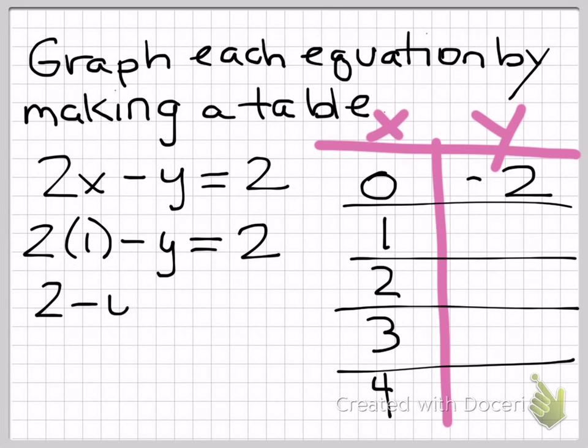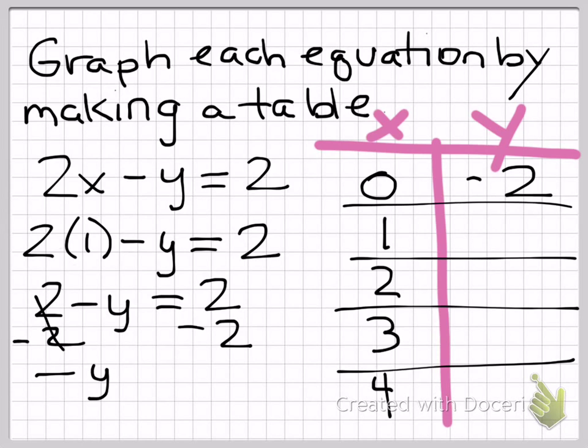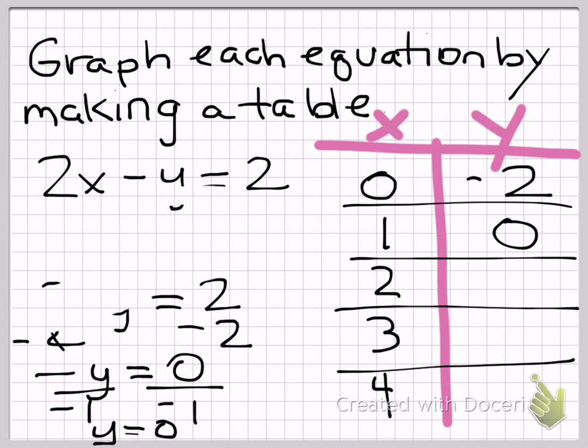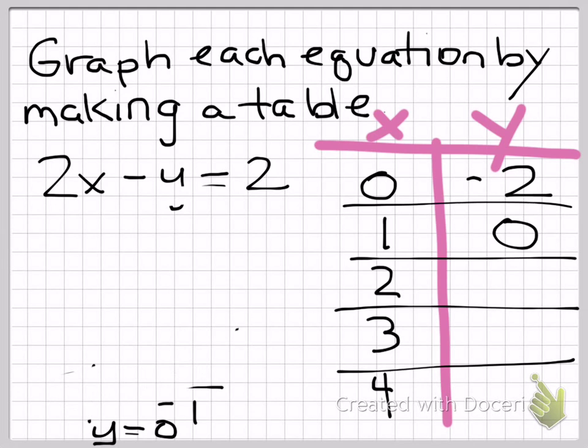So 2 minus y equals 2. I have to get y by itself. So I get -y equals 0. Now, even if I divide 0 by -1, it's still not going to be -0, so my answer there is just 0. And I continue with the next numbers.